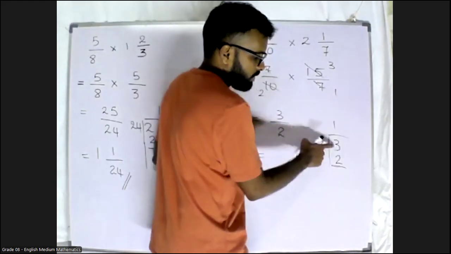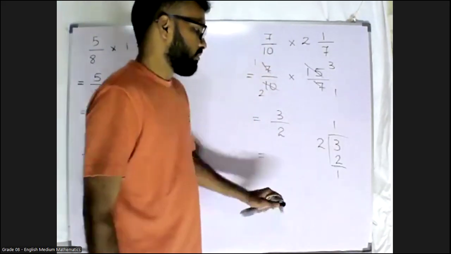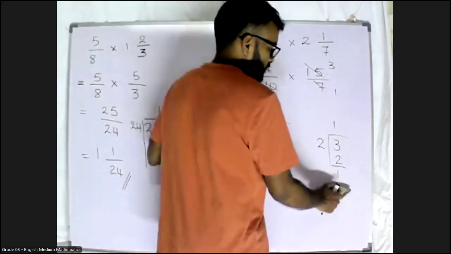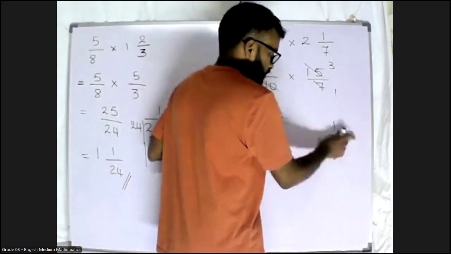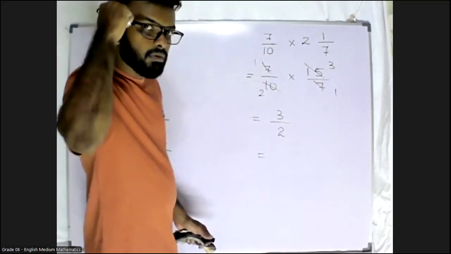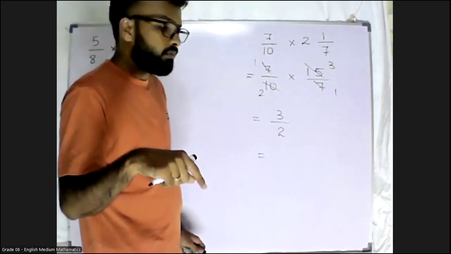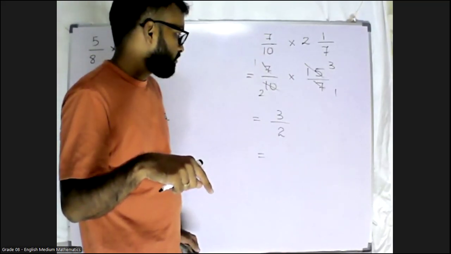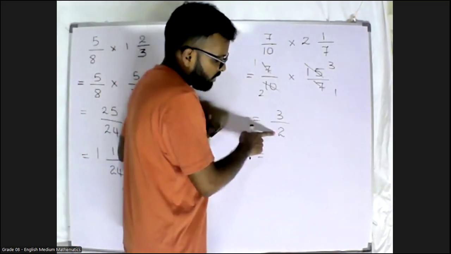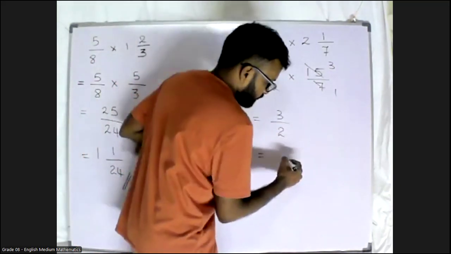Get the subtraction, 3 minus 2, 1. You know how to write this, right? Can we do this using memorization? Denominator 2.